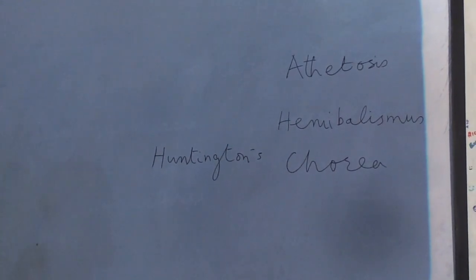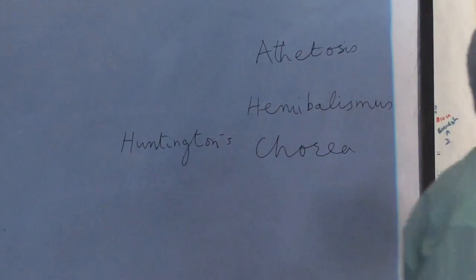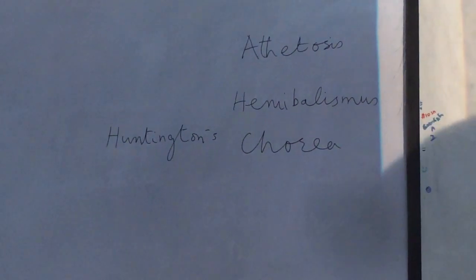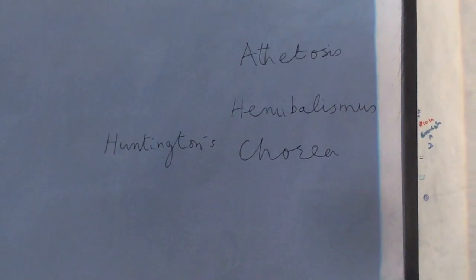Huntington's chorea is a hereditary disease which manifests at the age of 30 to 40 years.